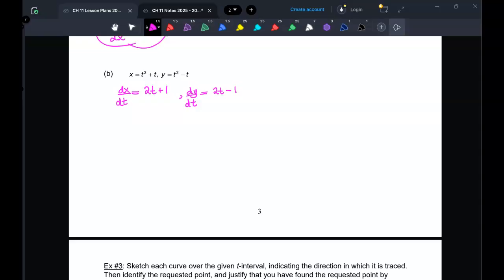Okay. So this one, let me just write it out. dx dt, dy dt, right? So dy dx is just going to be dy dt over dx dt. So that's going to be 2t minus 1 over 2t plus 1.